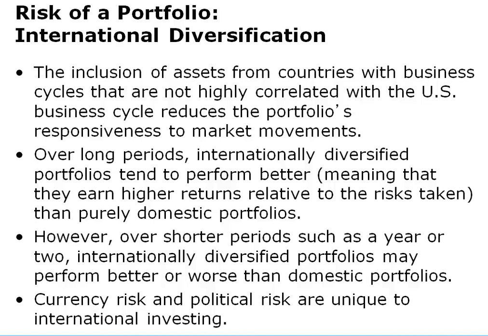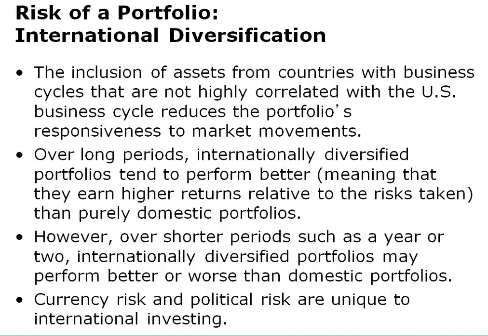Now, over long periods, internationally diversified portfolios tend to perform better, meaning that they earn higher returns with less risk than purely domestic portfolios. And this is true in the United States, but even more particularly true in other countries. If you have a domestic, say, portfolio of German stocks versus an international portfolio, the international portfolio will be safer, and the better diversification will give higher returns at lower risk.